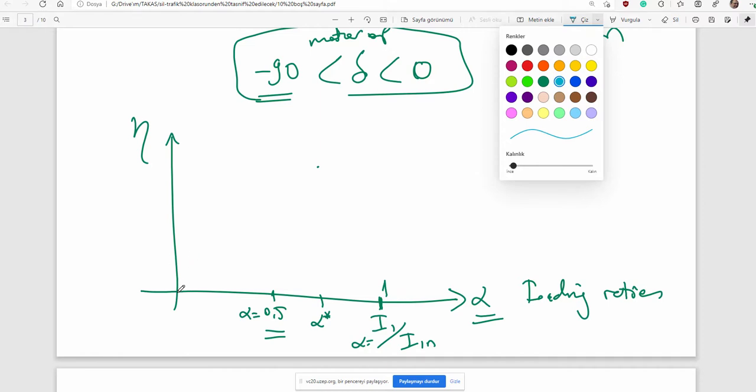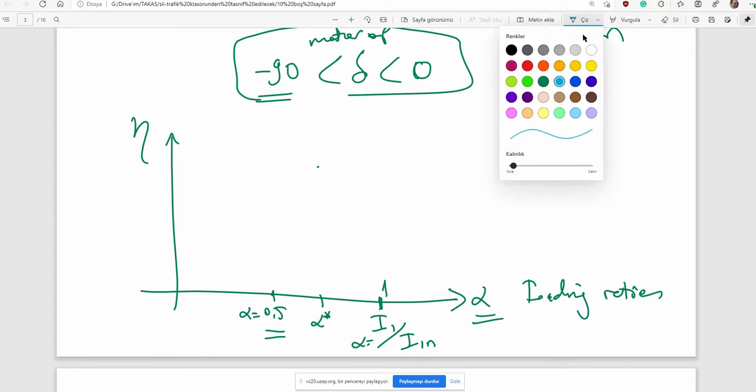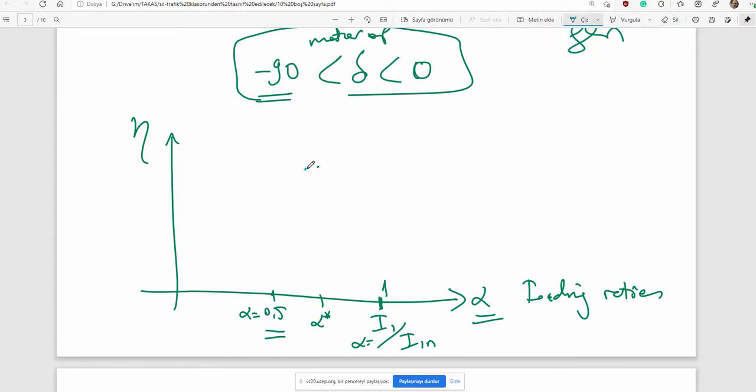Efficiency will be something like that, but here it has a maximum value at the point alpha star, and then there is a slight change, and then it gets smaller. Here is the overloaded case.